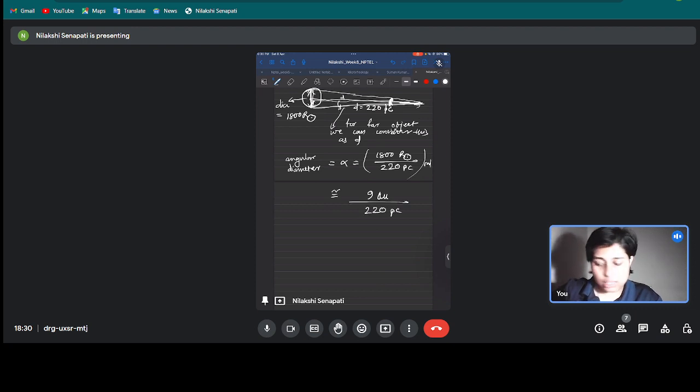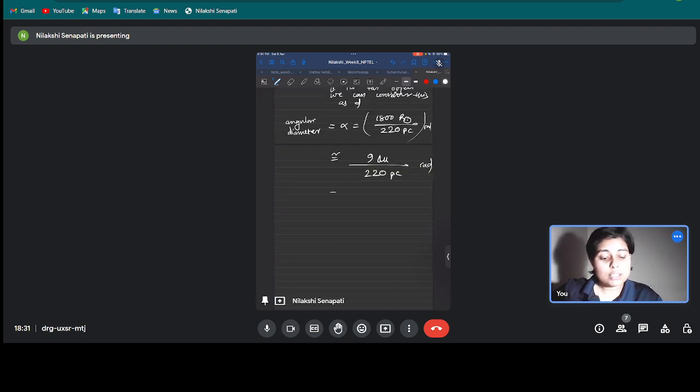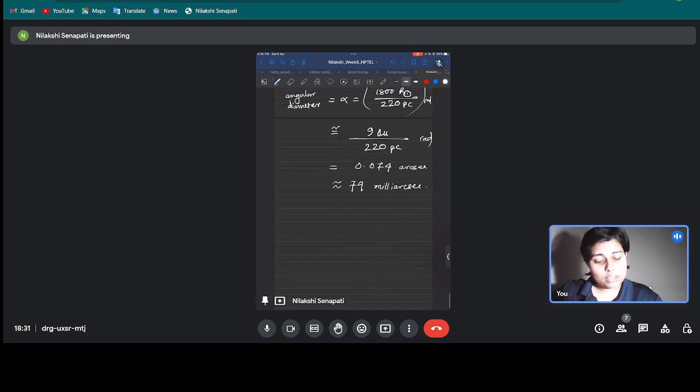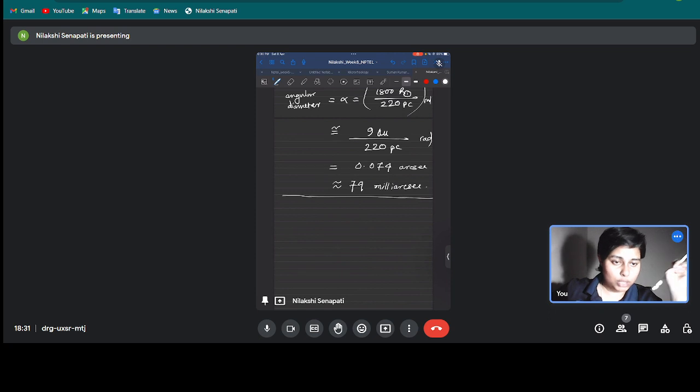I have already done this, so I can write it smoothly. You need to transfer it into parsec also. If we do that, we get 0.074 arcsecond, which is equivalent to 74 milliarcseconds. So this is the angular diameter of Betelgeuse.